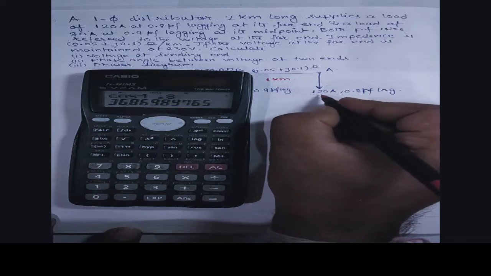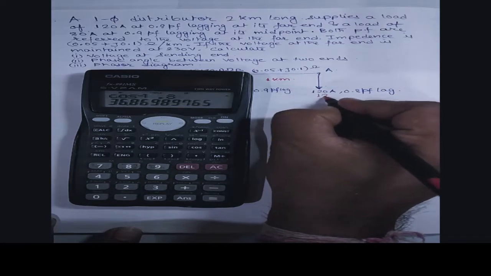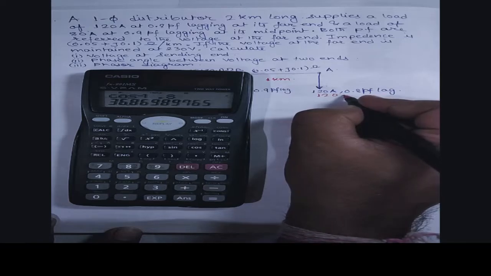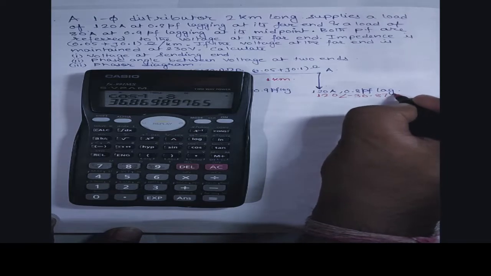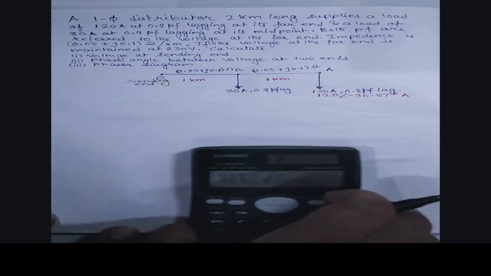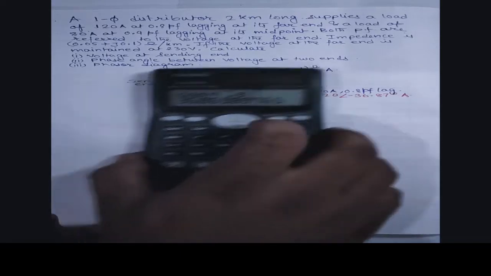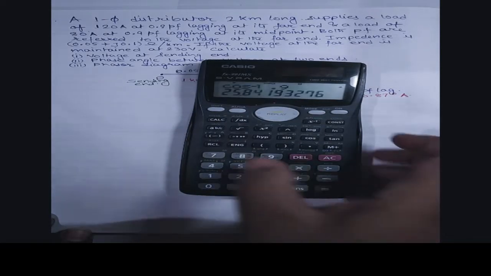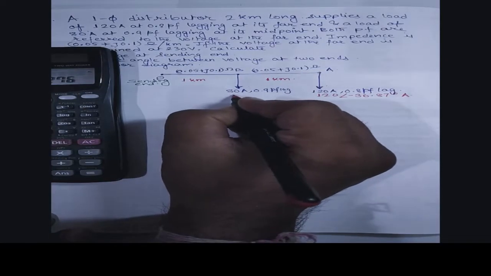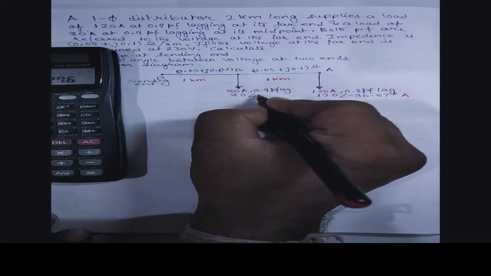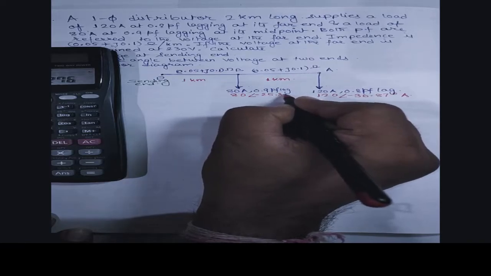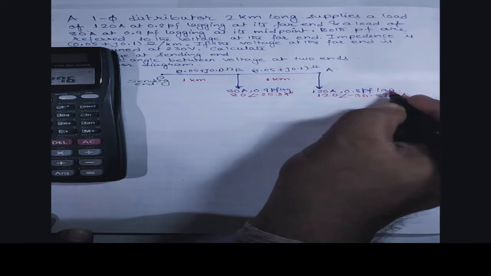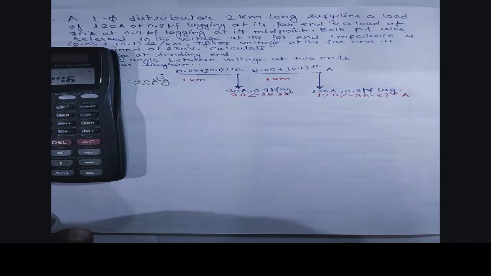So current at this point is 120 at an angle of minus 36.87 degree ampere, and cos inverse of 0.9 is 25.84. So current in this end is 80 at an angle of minus 25.84 degree. Why minus? Because the power factor is lagging.